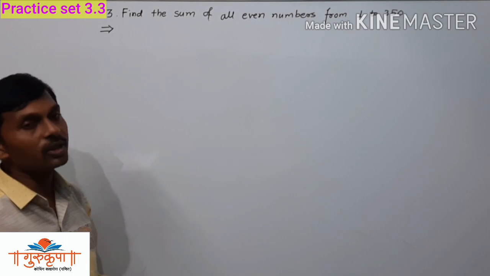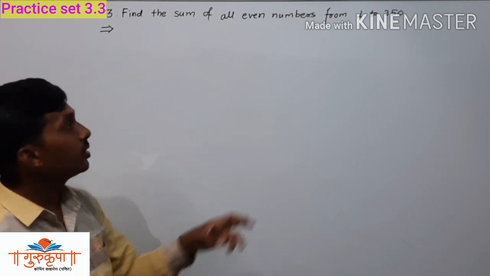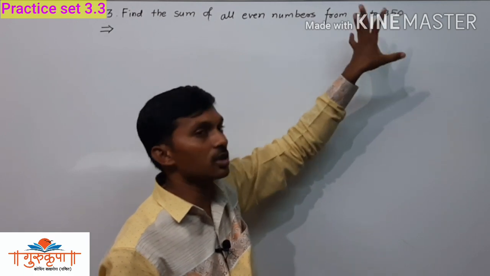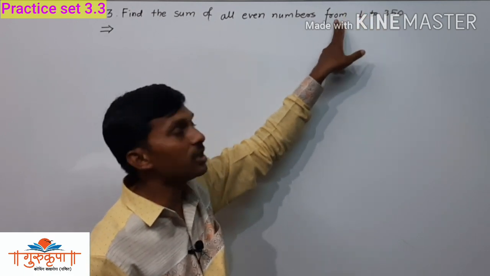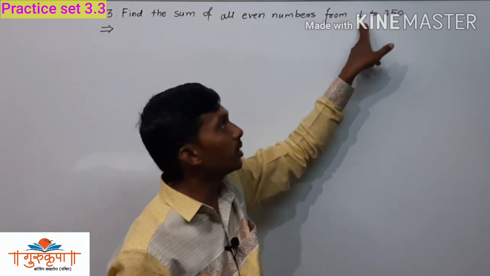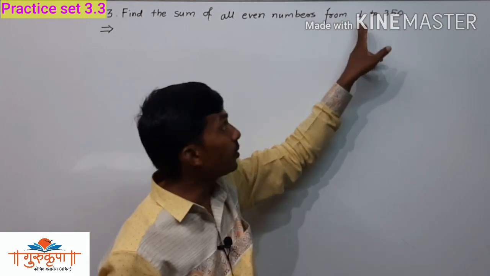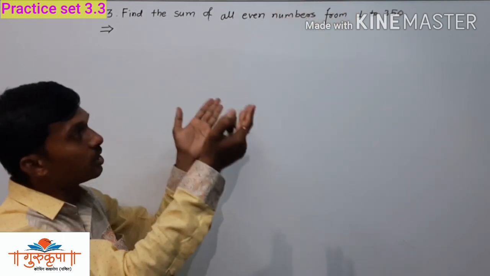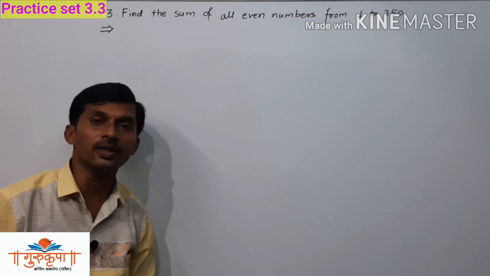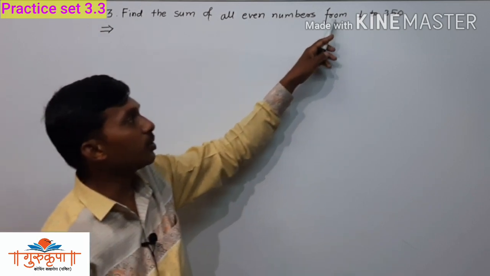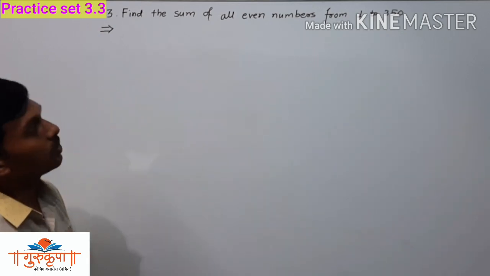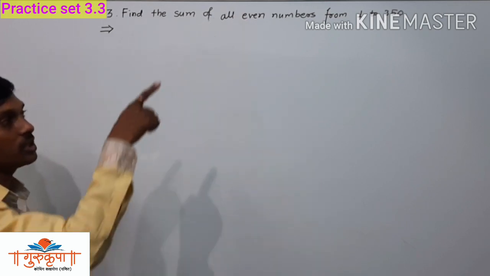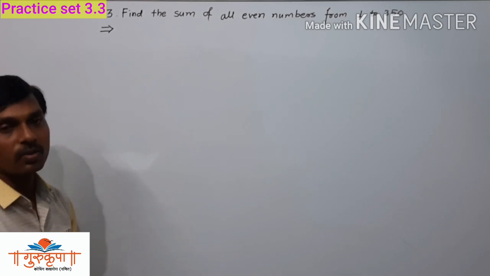Since we are given the word from, we include both these numbers, and if between is there, then we exclude the first and last numbers. But here it is from 1 to 350, so we calculate both, but we write the even numbers only.